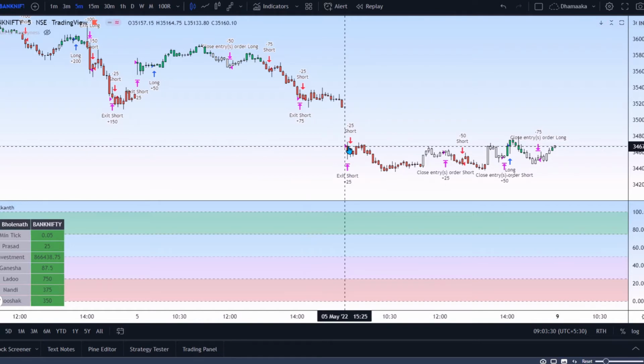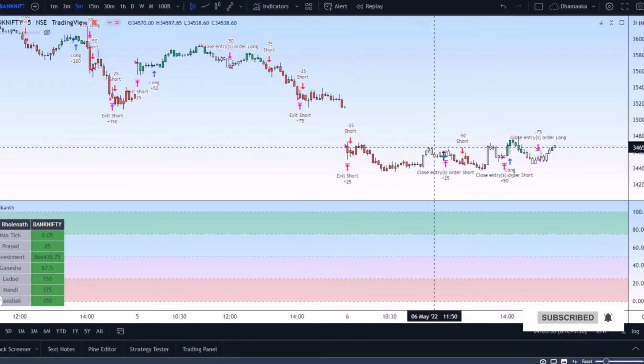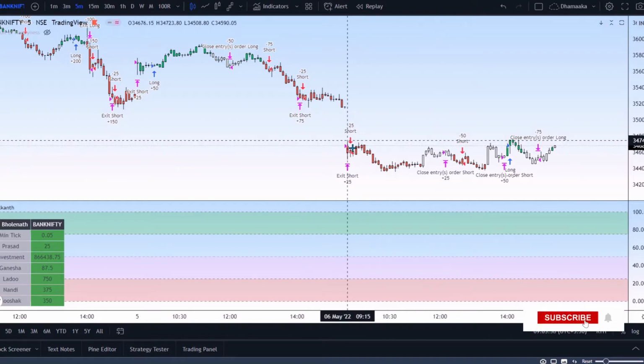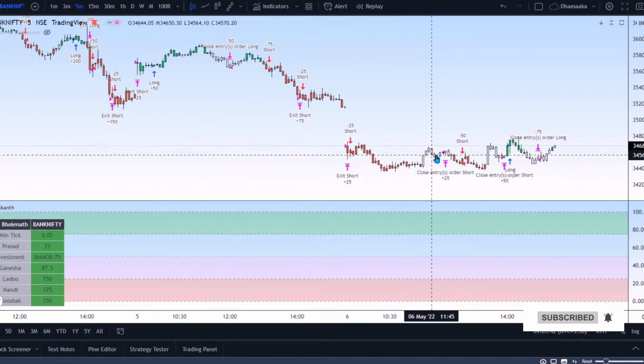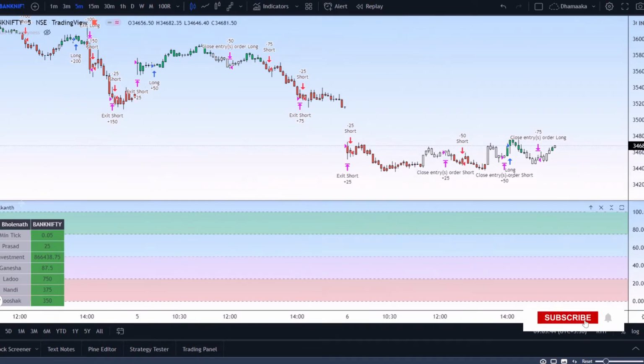So option selling is preferred, and you can utilize your whole margin and go in an accelerated way, but that's not recommended. I have enabled these settings because I have other strategies that I work on.